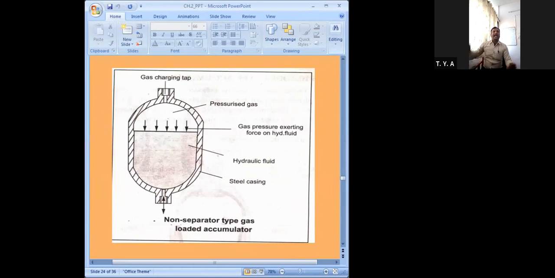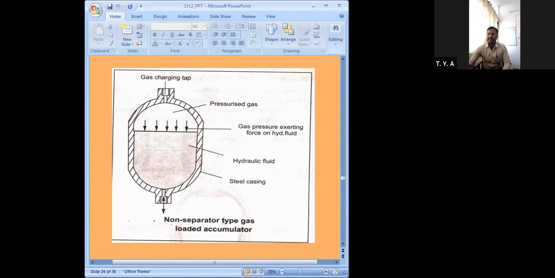When the actuator needs pressurized hydraulic fluid, the gas pressure is applied on the fluid, and due to that pressure the hydraulic fluid comes outside through the port. That is the basic working principle and operation of the non-separator type gas loaded accumulator.